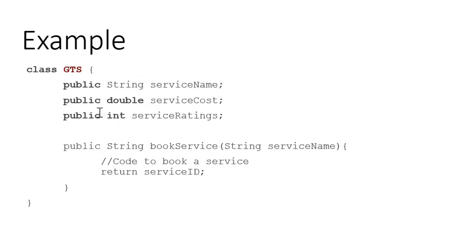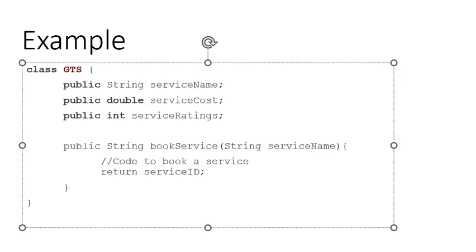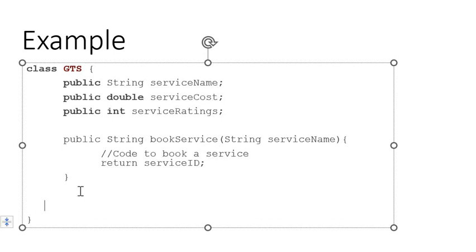Let's say you have this class. Now I'll write one more method. Let's say public static void main.